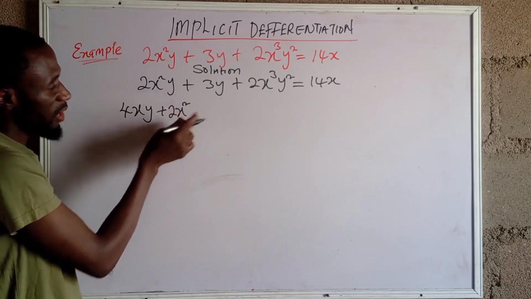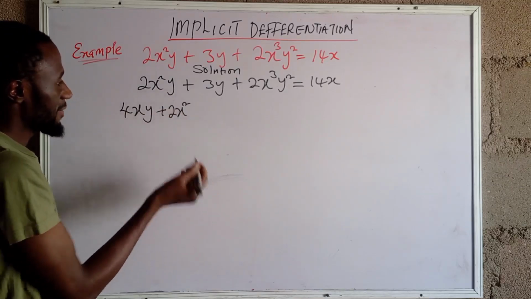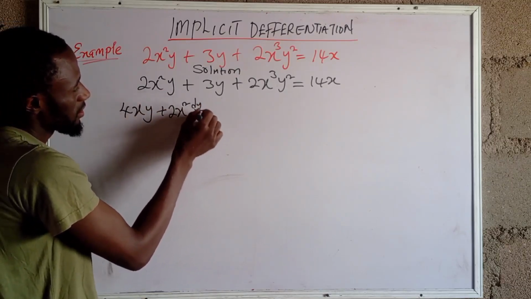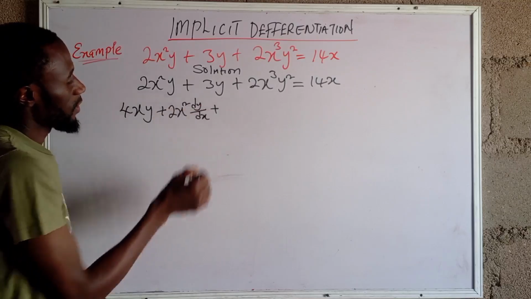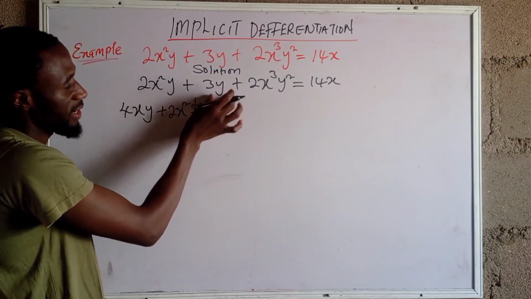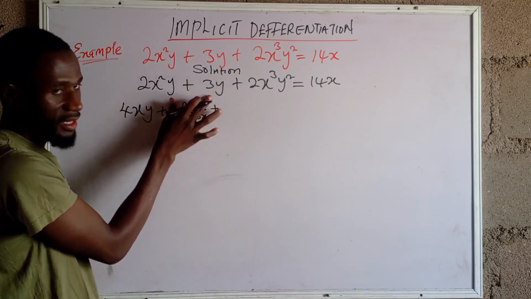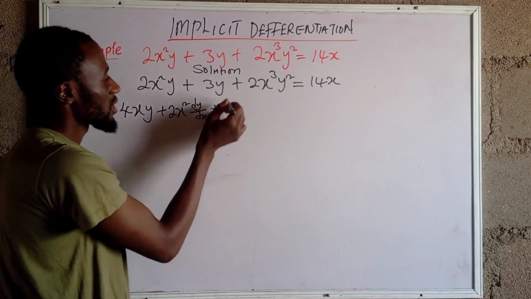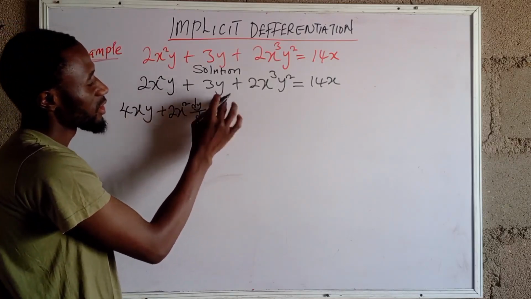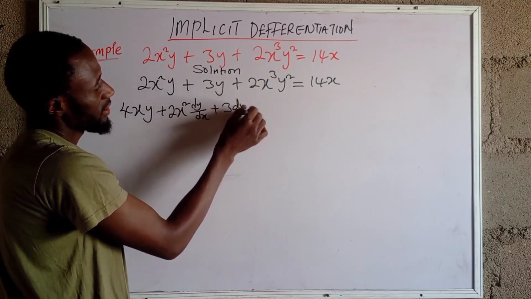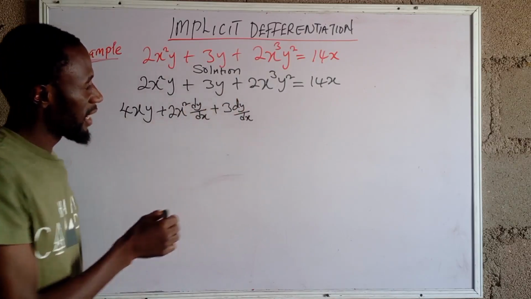Therefore, you have to multiply with dy/dx or y prime. Let's multiply with dy/dx plus. Then again, you have 3y only. There is no x here, it doesn't contain x. Therefore if you differentiate 3y, you are going to have 3 dy over dx.